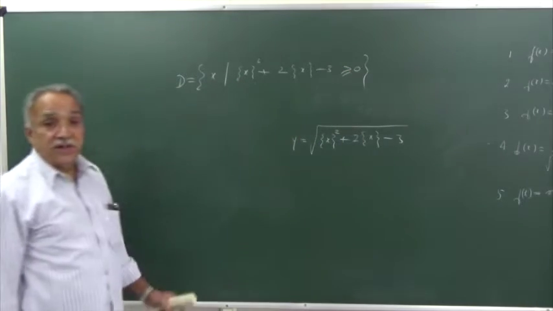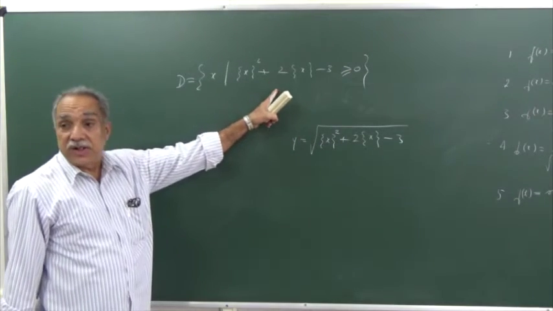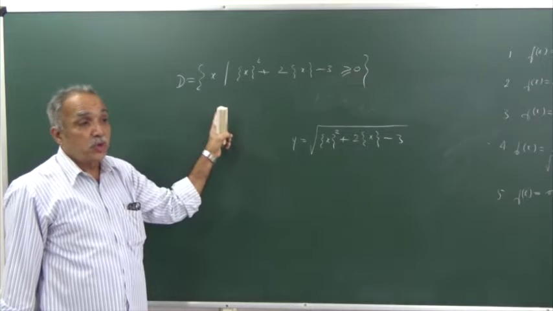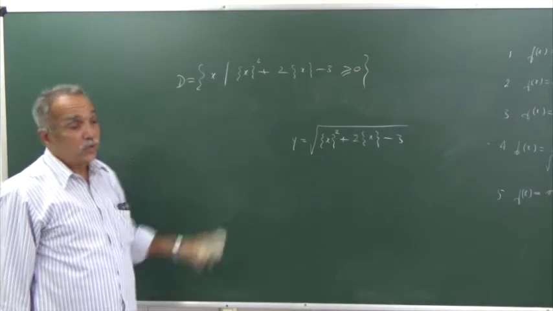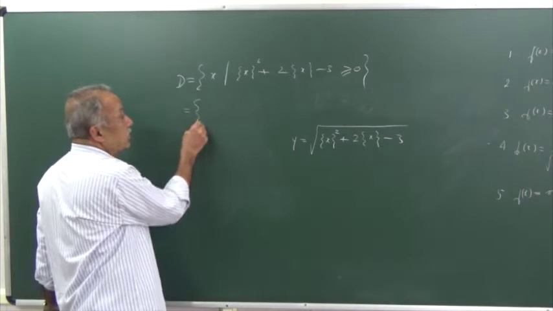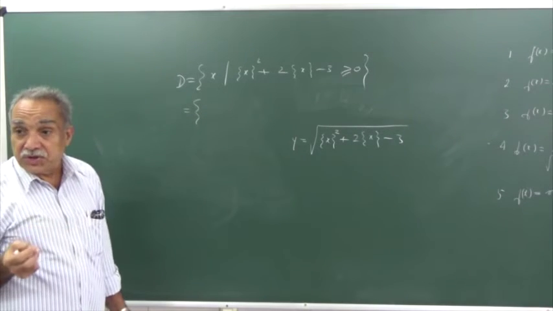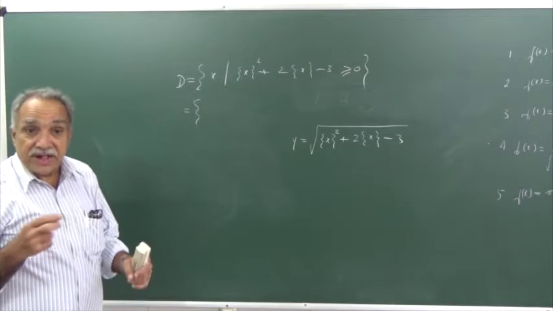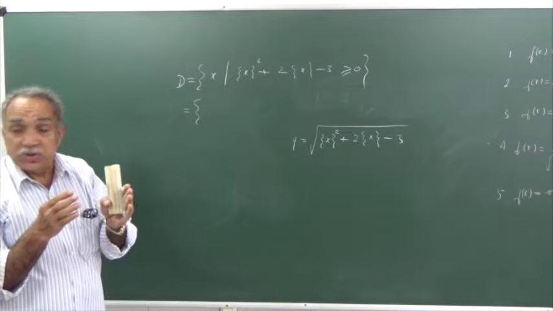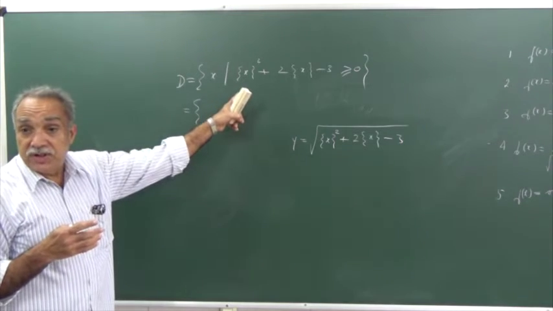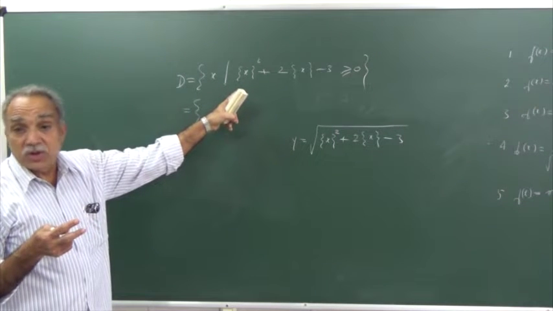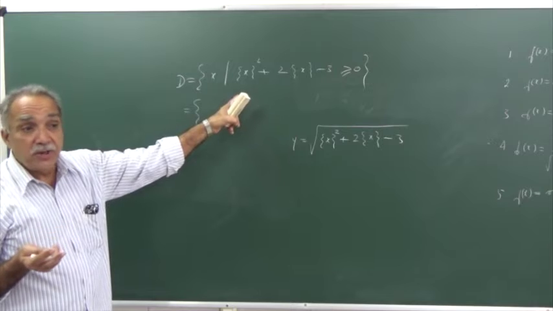The set of all x such that this expression is greater than or equal to 0 forms the domain for the function. One approach, consider the graph of y square plus 2y minus 3. From that graph, identify that portion which corresponds to this, then determine when is it positive, when is it 0, when can it be negative.